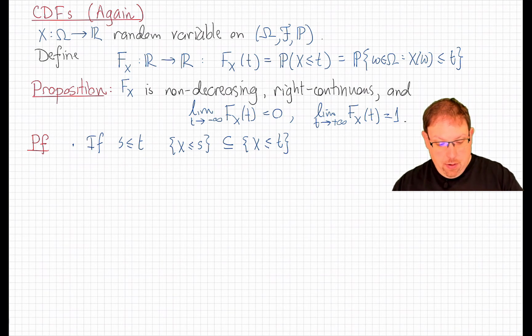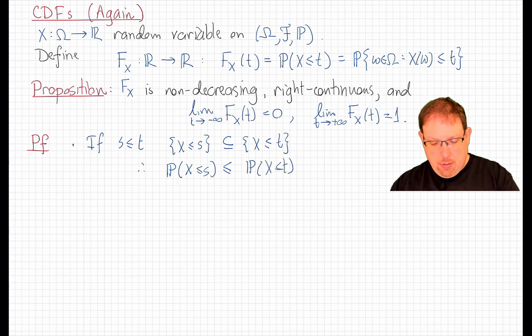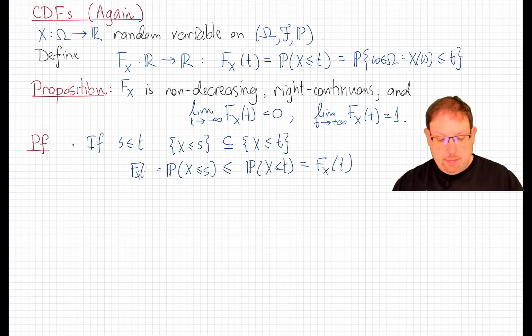And therefore, by monotonicity of probability measures, the probability that X is less than or equal to s will be less than or equal to the probability that X is less than or equal to t. But the right-hand side is F_X of t, and the left-hand side is F_X of s. So we have monotonicity.